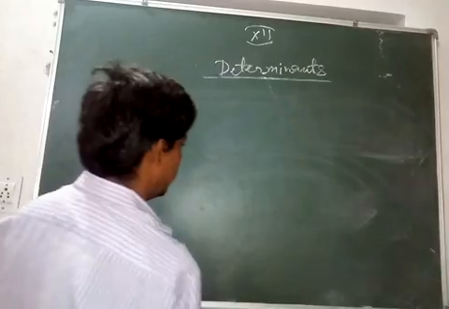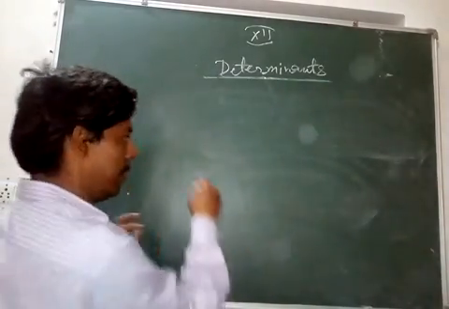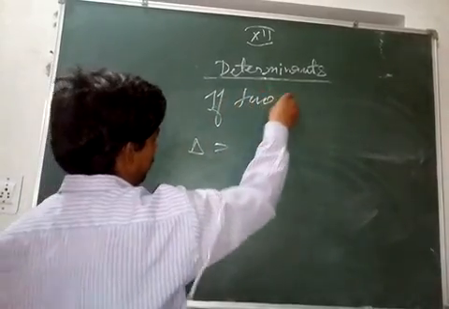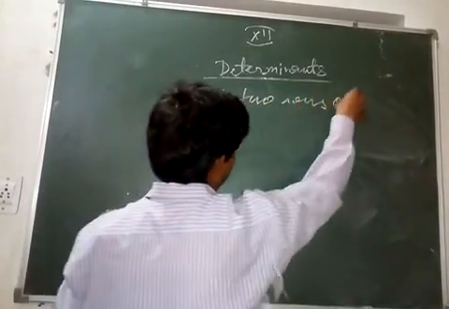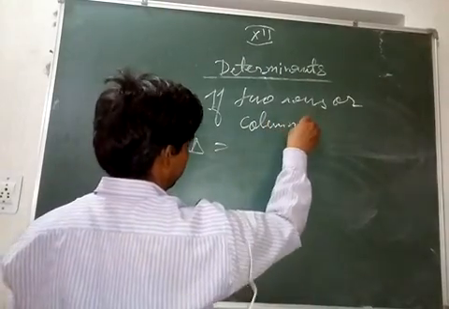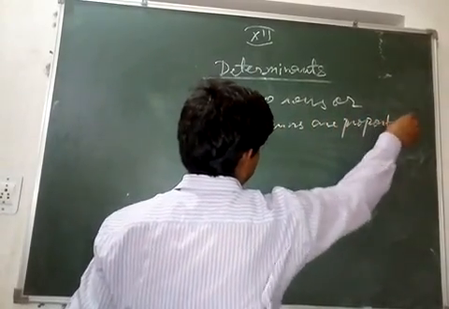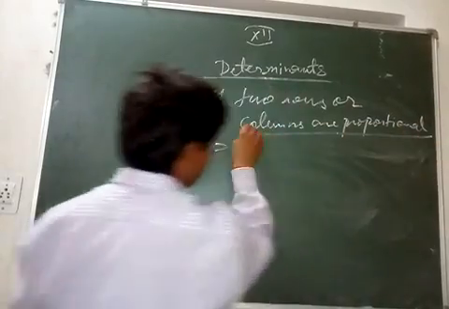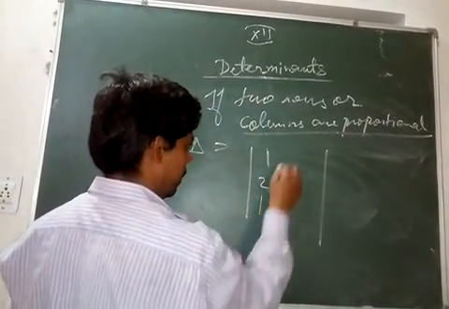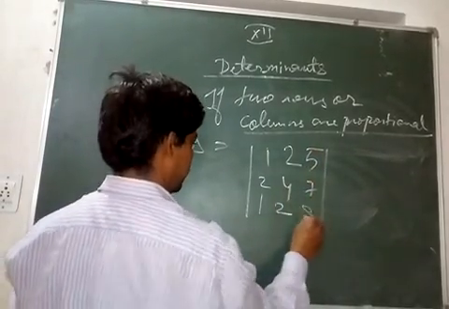Based on this is the next property, which says even if two rows or columns are proportional, then the value of determinant is 0. So for example, you have 1 2 1 and here you have 2 4 2 and 5 7 8, something like this.